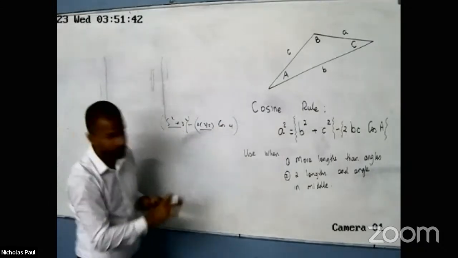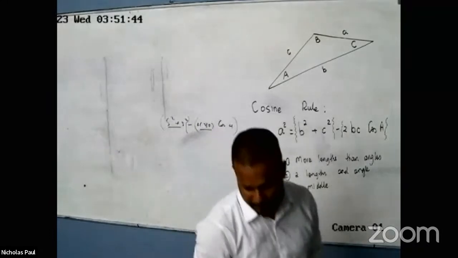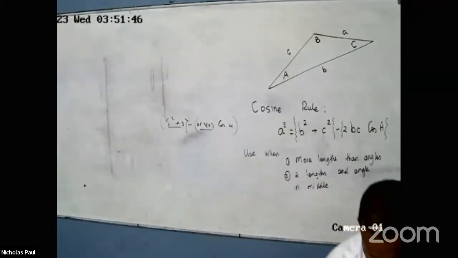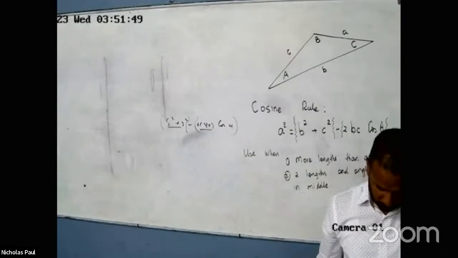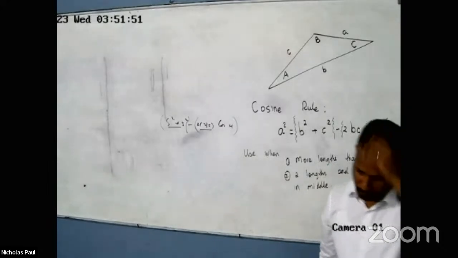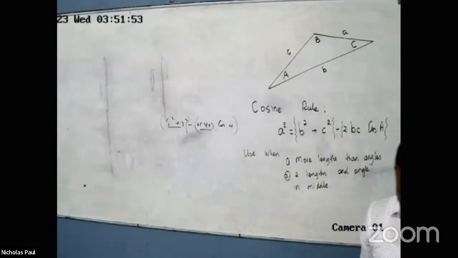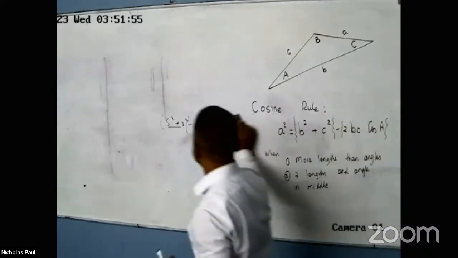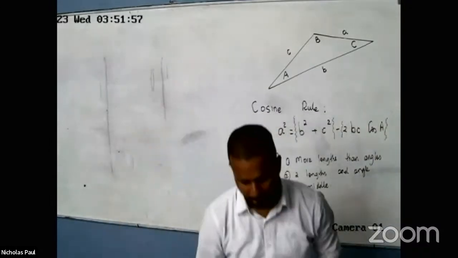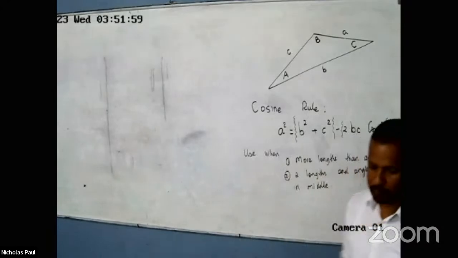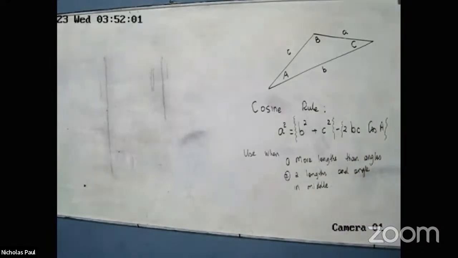Make a little note of that and let's try some numbers. That's the cosine rule. When you're working with more lengths than angles, or you have two lengths and the angle in the middle, more than likely it's cosine.